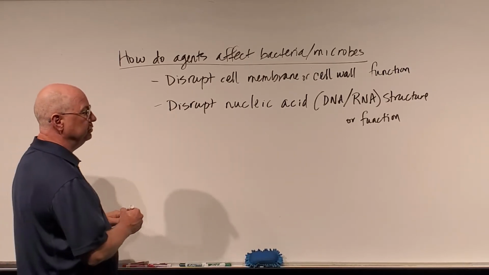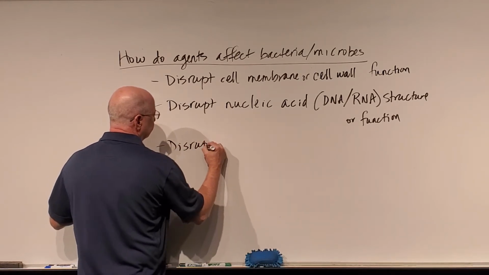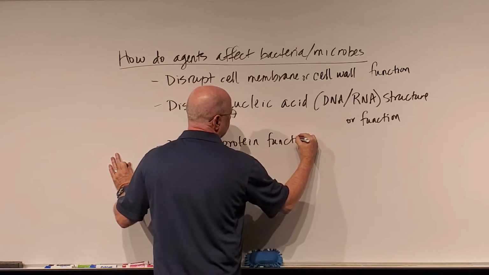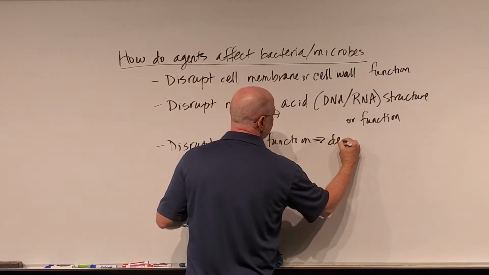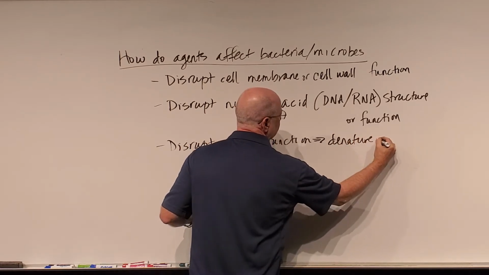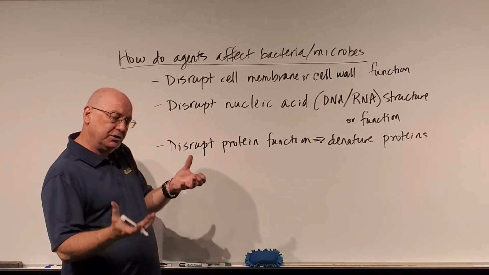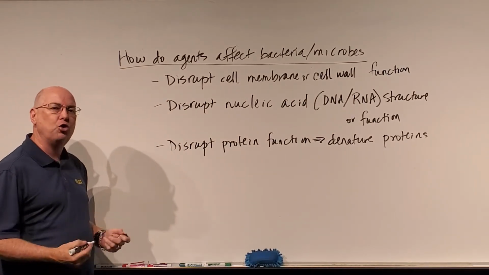So we can disrupt nucleic acid structure. We can also disrupt protein function. So we know that we can denature proteins. So heat can denature proteins. Heat can also cause some proteins to sort of stick together or clump together after a while, that we call coagulation.